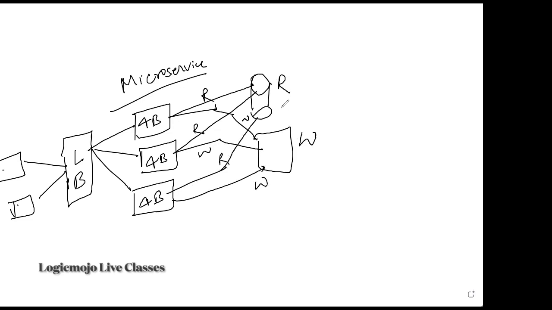So you will have read and write, and both internally will be replicated. There is something called replication when we talk about master slave architecture in database concepts. We'll have a separate session on that.